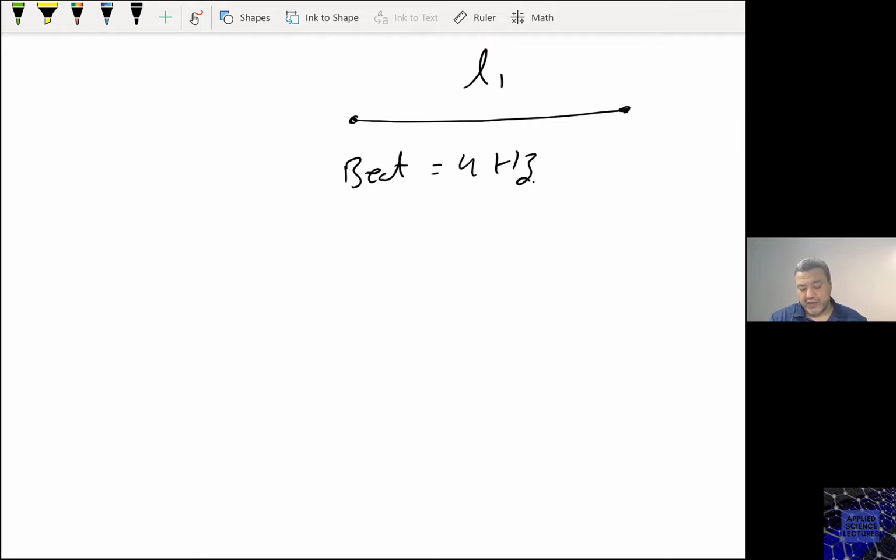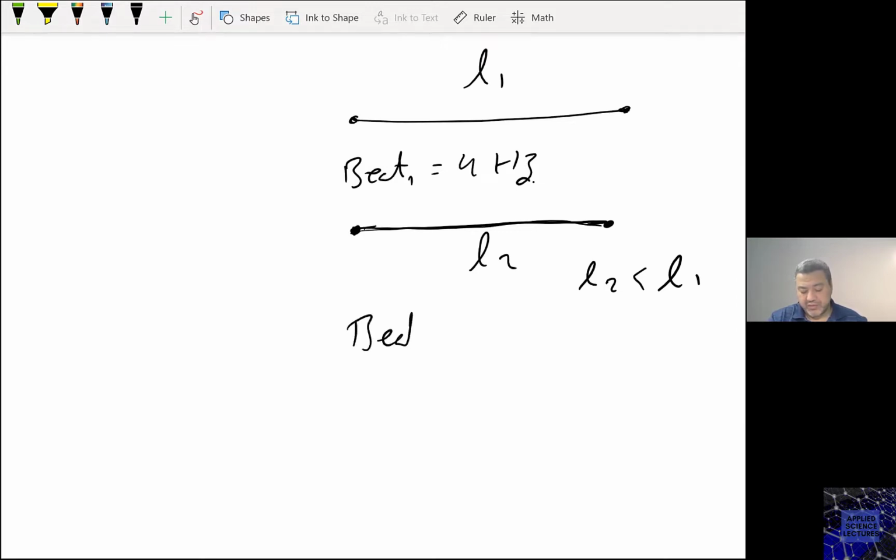Now when we tighten this string, this means we have made the string shorter, and this is because of the guitar string itself. Once you tighten it, you make it shorter. So I have L2 shorter than L1. Then the beat becomes 5 hertz.